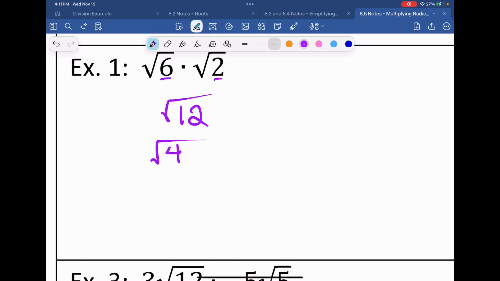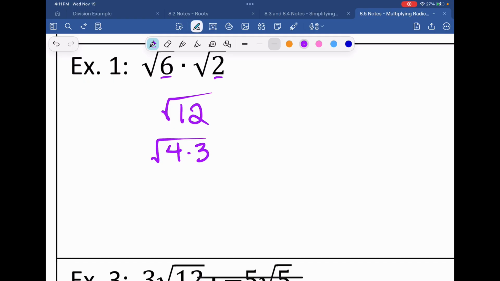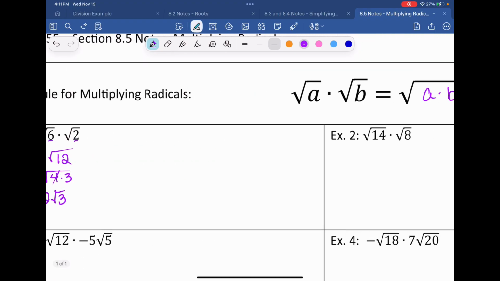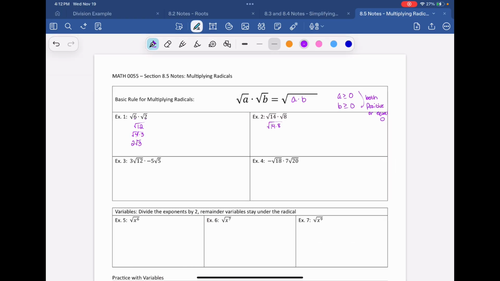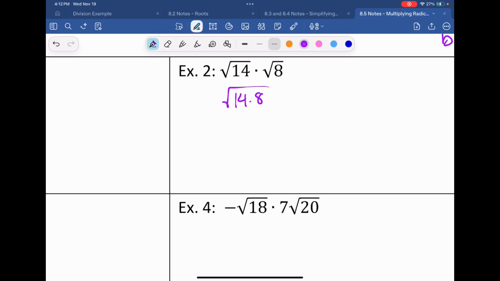The largest square that divides into 12 is 4. So 2 root 3. Both positive. I don't know what 14 times 8 is. So that is root 112. Let's see.